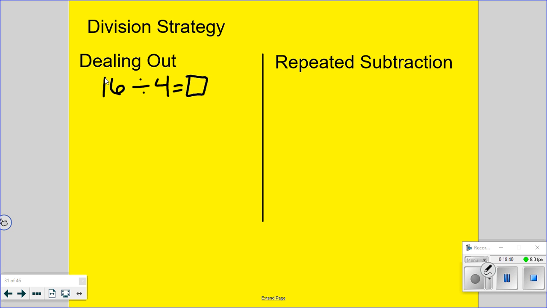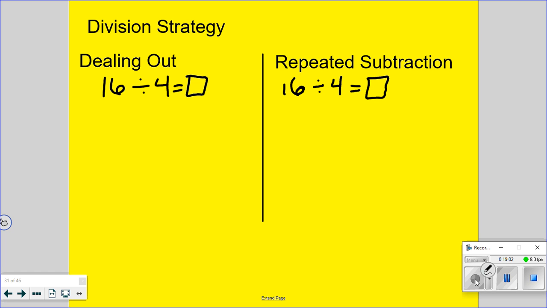So you're going to write that equation under each section. Because we're going to do the same equation, we're just going to use 2 different strategies. So everything that's on my board has to be in your notebook, friend. Do we write it at the bottom ones too?